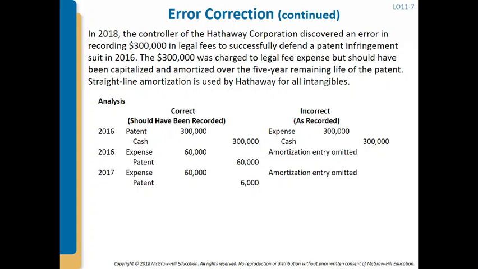And so at the beginning of 2018, what they're going to have to do is put $180,000, the remaining amount of the patent that should be on the books, and they're going to have to adjust retained earnings in the same amount.